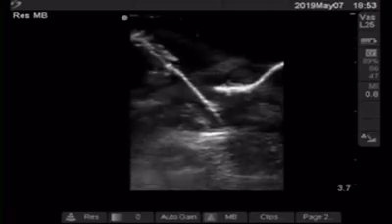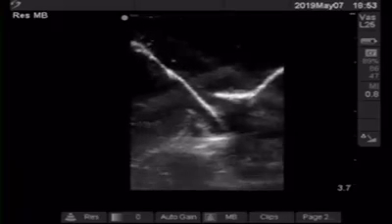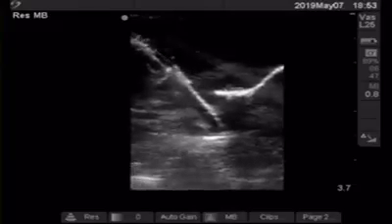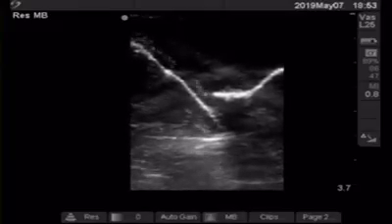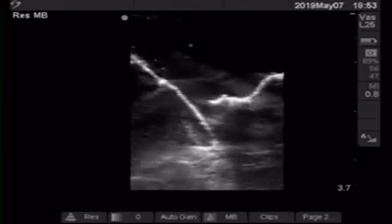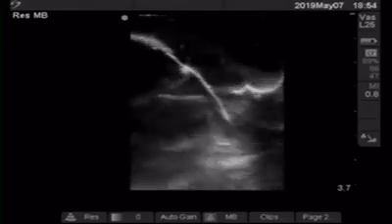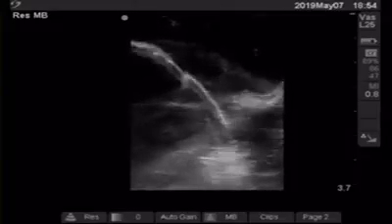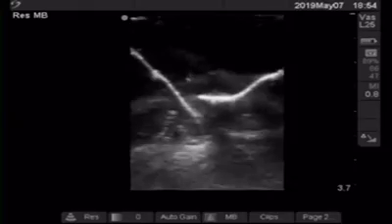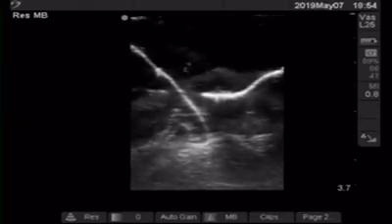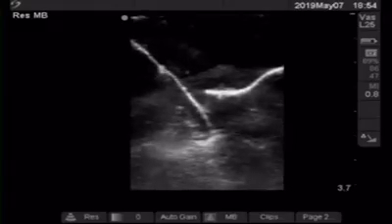In plane technique, the needle is passed from the medial side of the probe and is advanced parallel to the maxilla until it enters the pterygopalatine fossa. Out of plane, it is always better to pass the needle from the caudal part of the probe, so it is easier to advance into the pterygopalatine fossa.